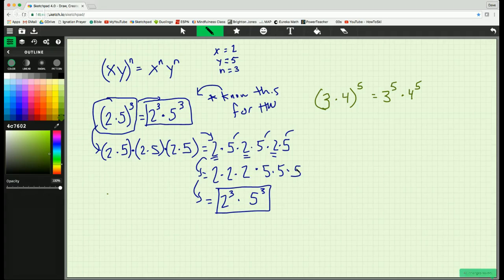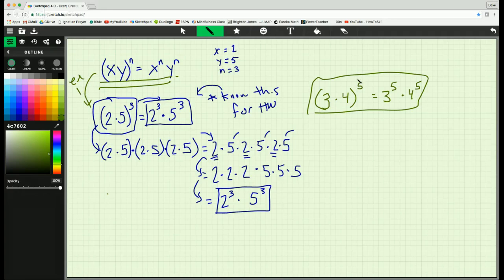These are both examples of this rule. Here, this is example 1, and this is example 2. And you can prove this on your own. I'm not going to show you this proof, but you would do it in the exact same way as we proved the 2 times 5 to the third rule.